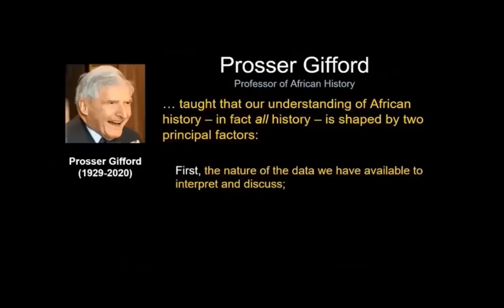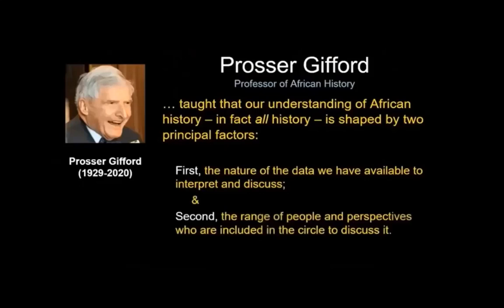He died recently in 2020, but he taught that our understanding of African history, in fact, all history, is shaped by two principal factors. First, the nature of the data we have available to interpret and discuss, and second, the range of people and perspectives who are included in the circle to discuss it, discuss the maps, discuss the documents, and the like. That's crucial.